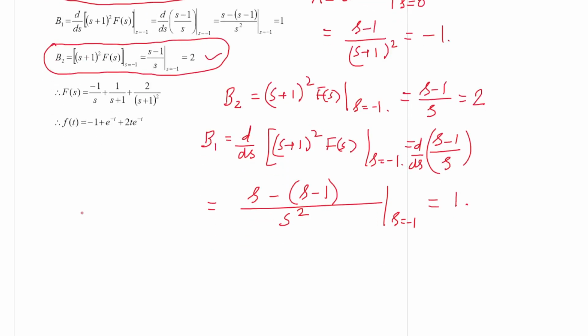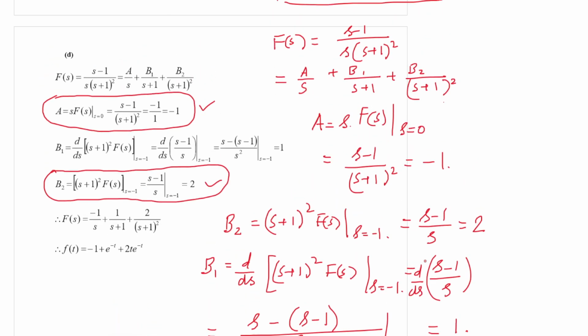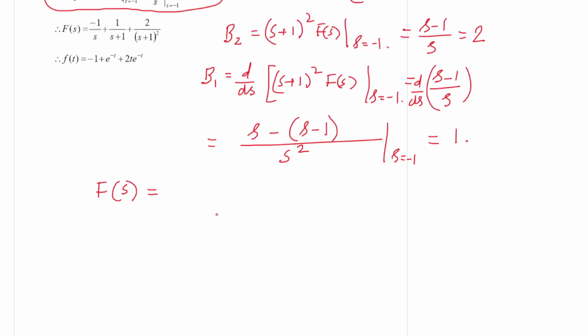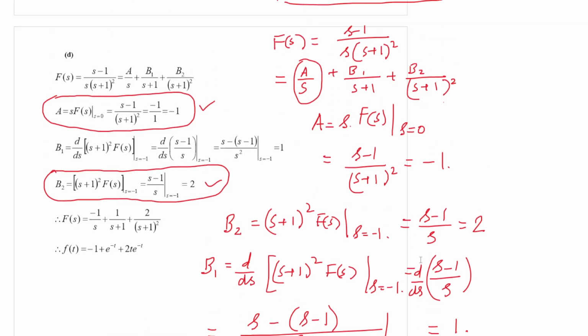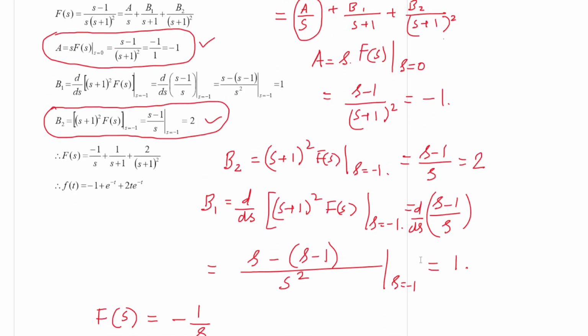So with that, F(s) is equal to A by s, as we initially wrote. What is A? A is minus 1. So we write minus 1 by s. Then we have b1 by s plus 1. What is b1? b1 is 1.